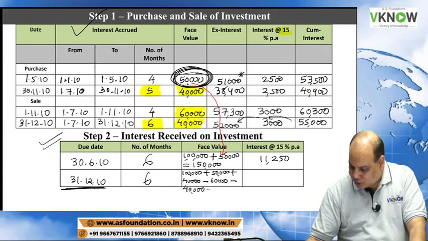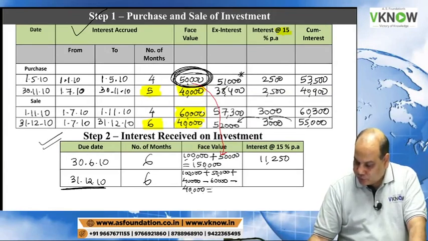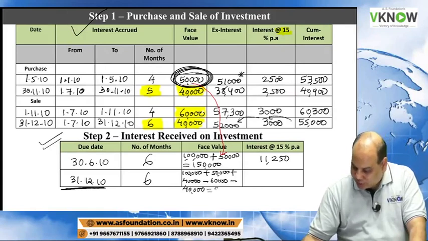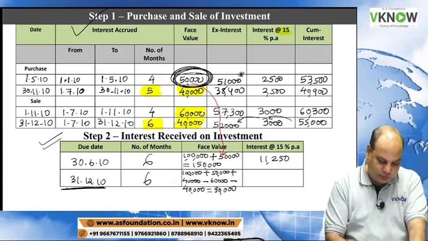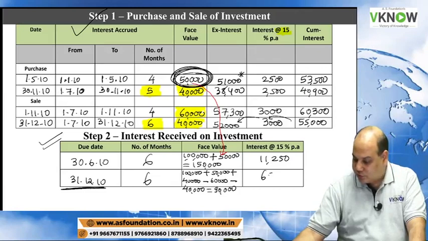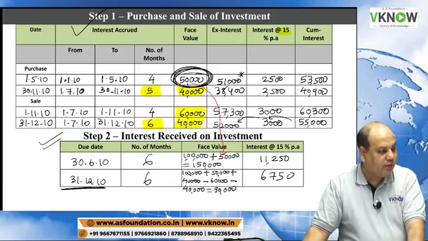These two items we have sold also. So how much is that equal to? Closing balance is 90,000 rupees. 90,000 multiplied by 15% into 6 by 12 is 6750.